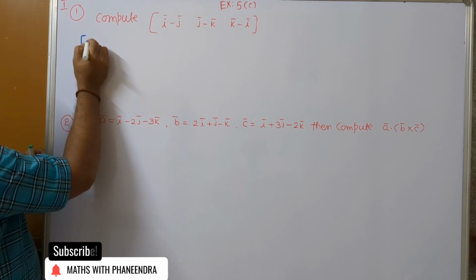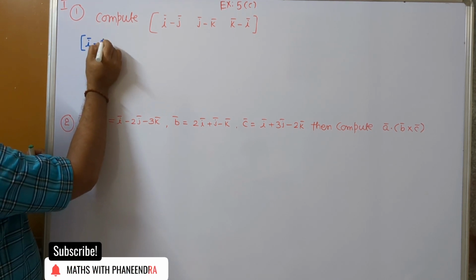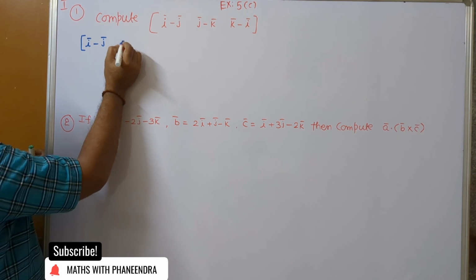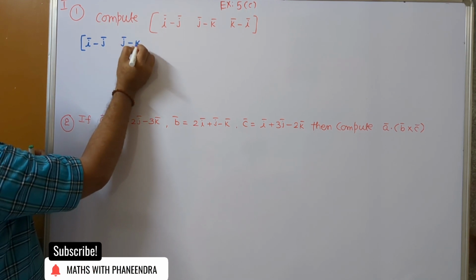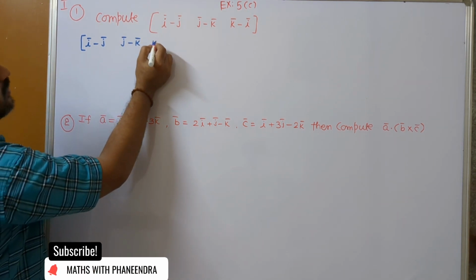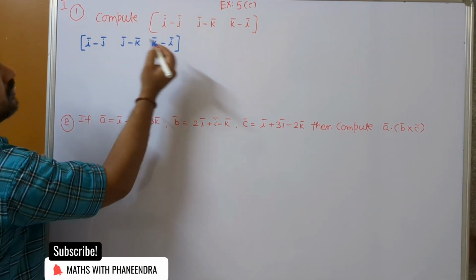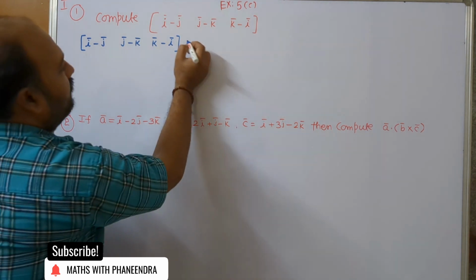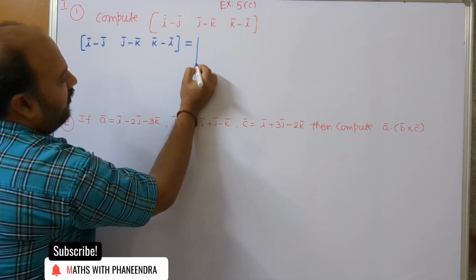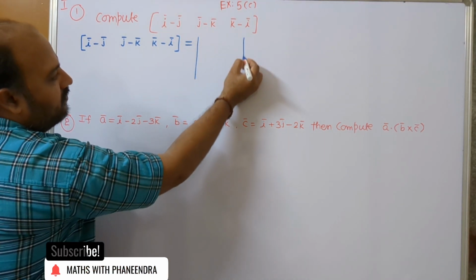box of i bar minus j bar, minus k bar, minus i bar is equal to determinant.